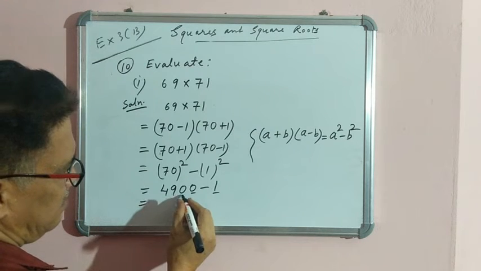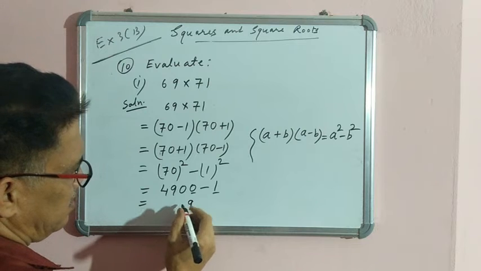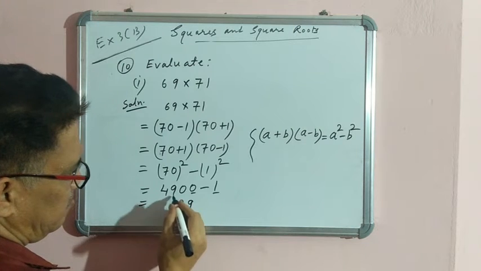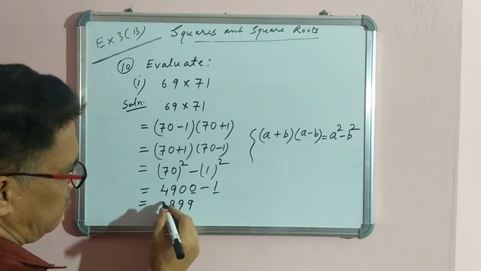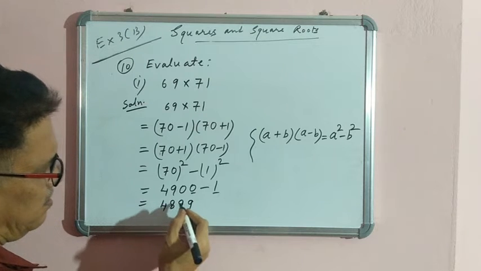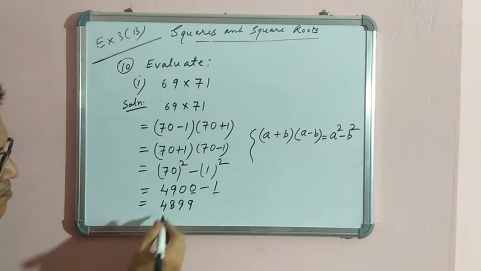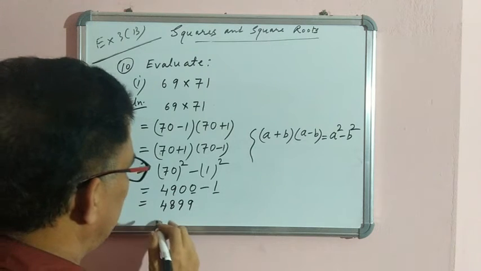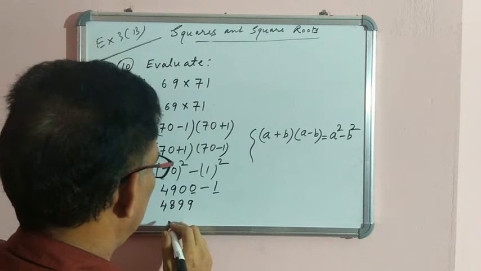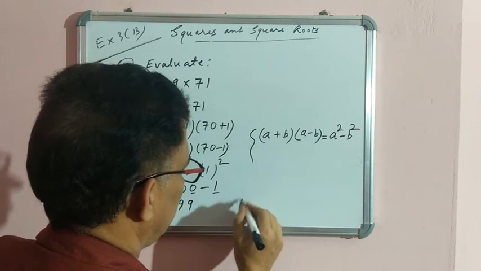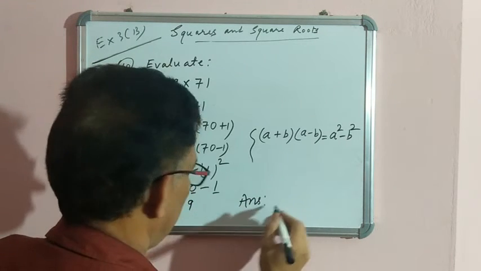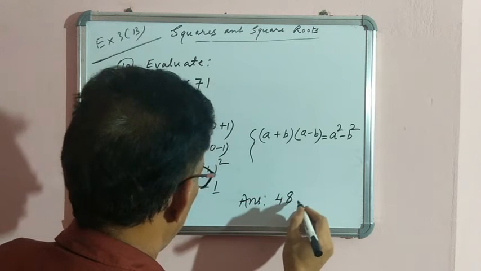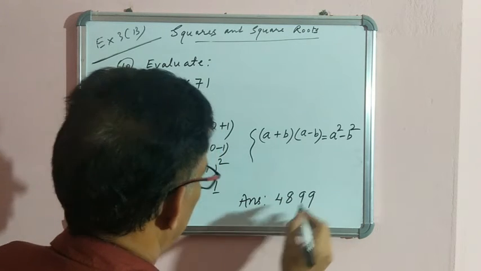Here it is 9, so we will write 9. Now here it is 8. 4, 8, 9, 9 we have got. Clear? So our answer is 4899.